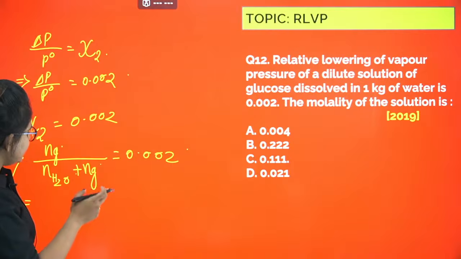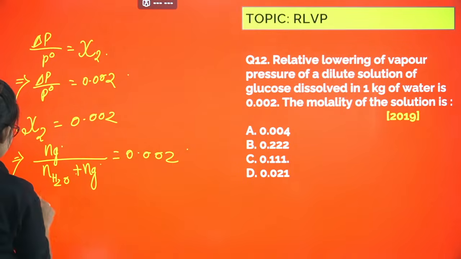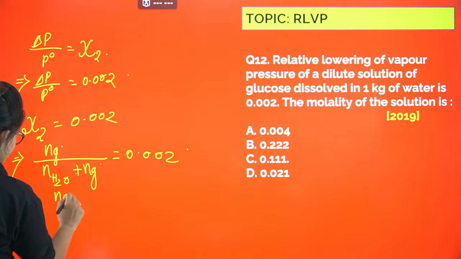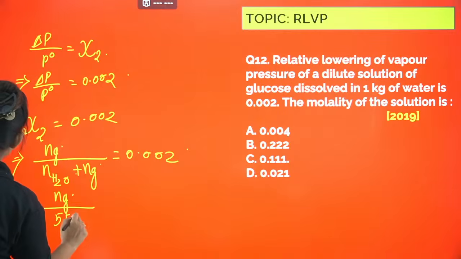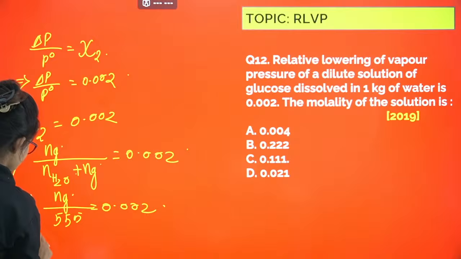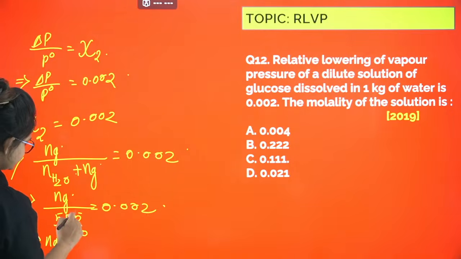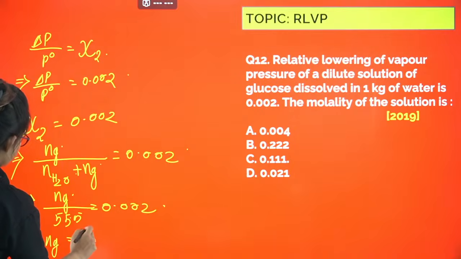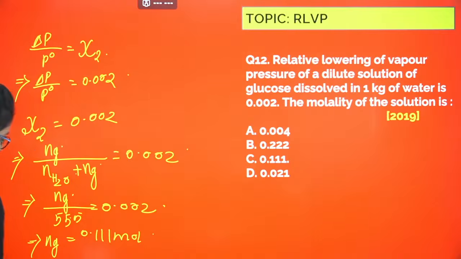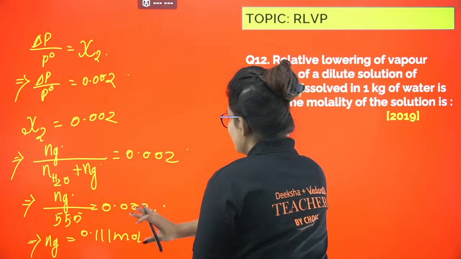With respect to that, the number of moles of glucose is very less, so I can avoid it. So the number of moles of glucose over 55.55 equals 0.002, so the number of moles of glucose will become 0.111. If I am making any mistake, please let me know. I am not a human calculator.